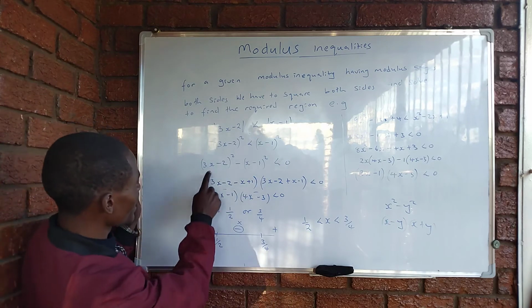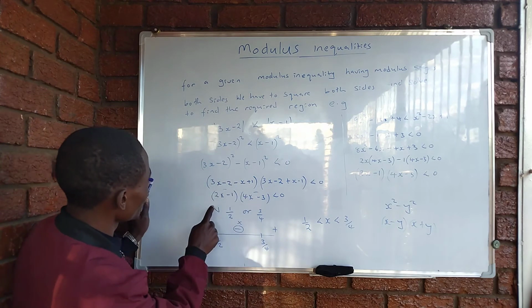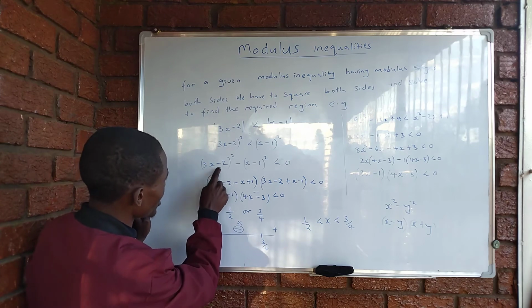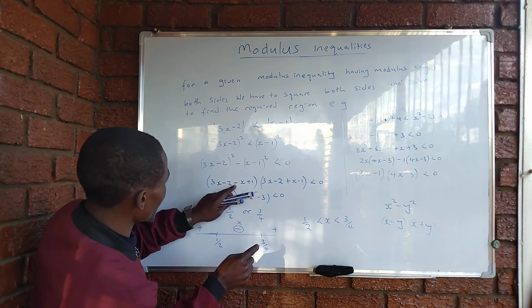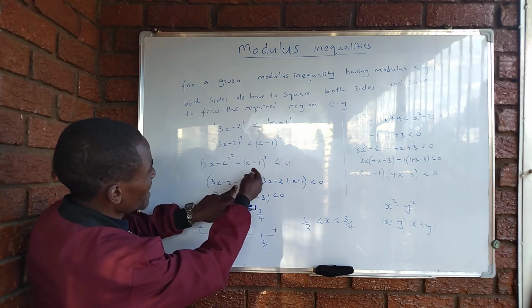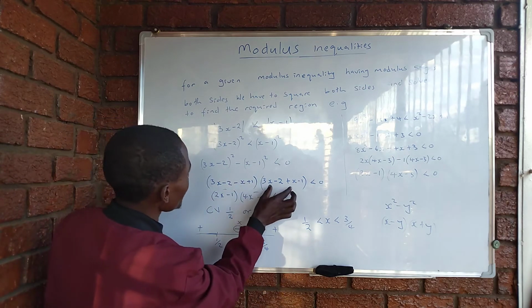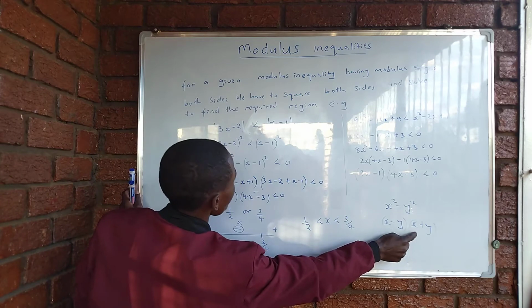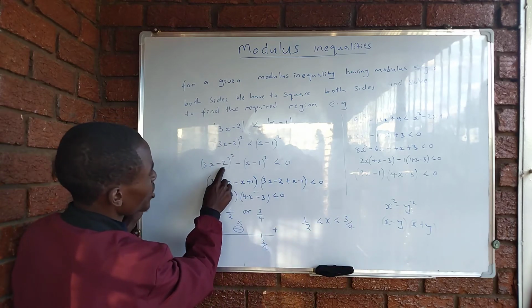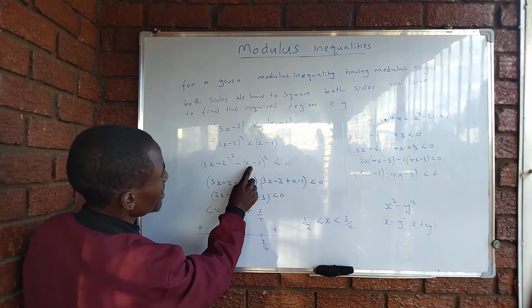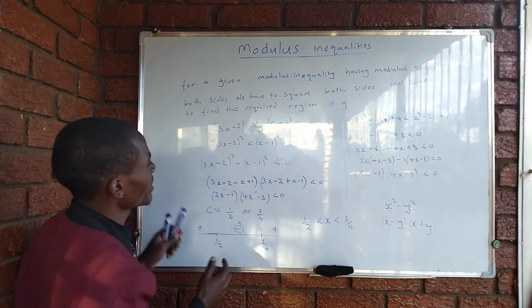So if you say this x minus this y, we will be saying 3x minus 2 minus, then subtracting this gives minus x plus 1, right? Then the next bracket is 3x minus 2 plus x minus 1, simple, right?